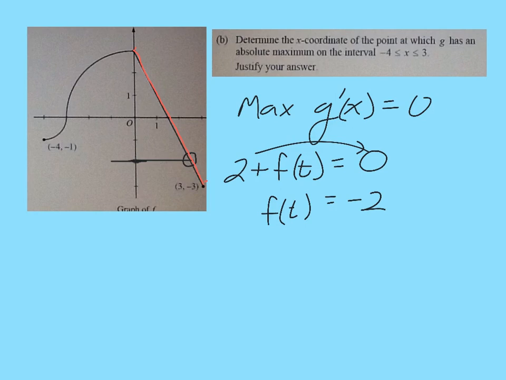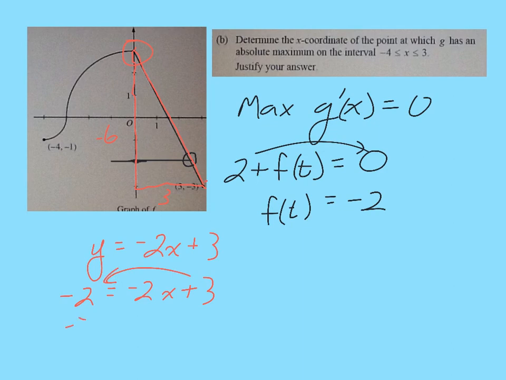So I'm going to use y equals mx plus b. Let's figure out my slope. Well, to go from there to there, I went down 6 and over 3. So my slope is actually negative 2. And that is my y-intercept at 3. So there's the equation of the line. So let's set that equal to negative 2 and solve for x. So I'm going to move that over.